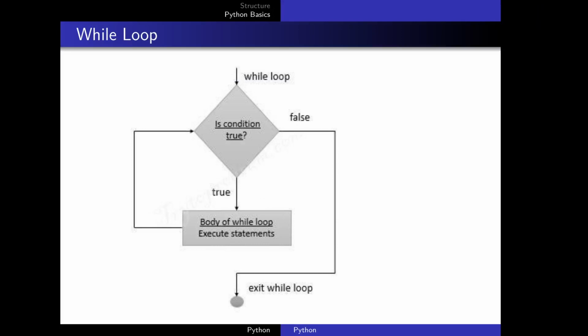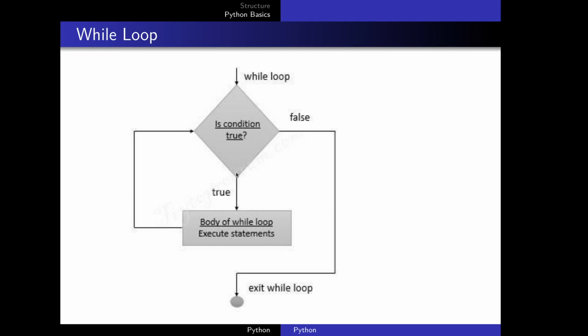The flowchart of the while loop looks like this. Before entering the while loop, it checks whether the condition is true. If the condition is false, it will skip the while loop and exit. If the condition is true, it will come inside the loop, execute the body, go back, and recheck whether the condition is true.